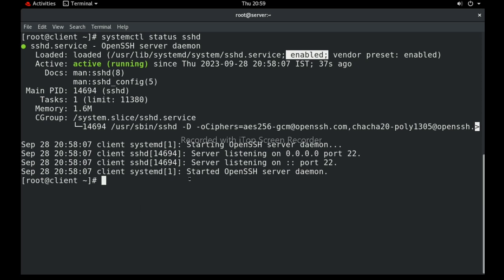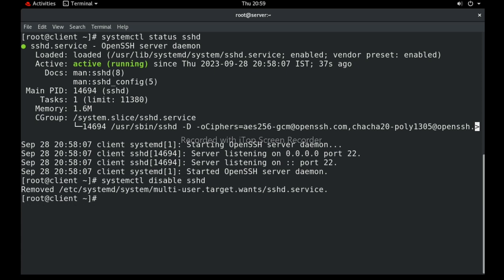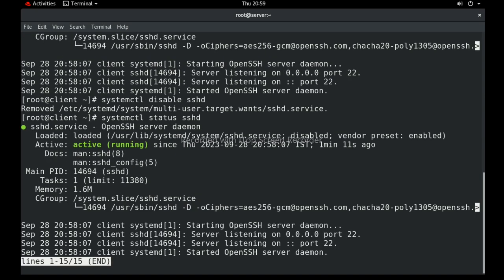In case you want to disable this service so that it is not started at boot time, we can use the command systemctl disable SSHD. Now if you check the status of SSHD, you can see here this particular service has been disabled to start during the boot time.